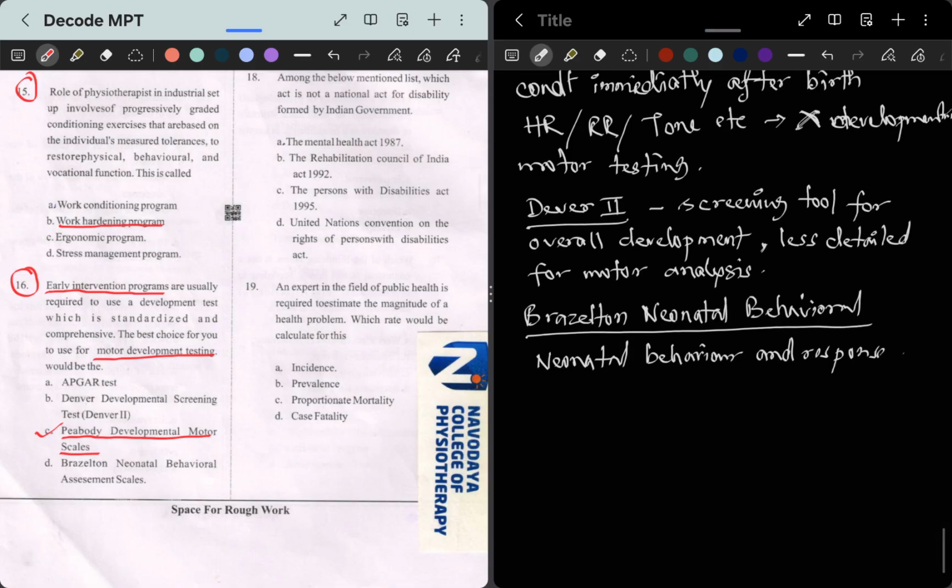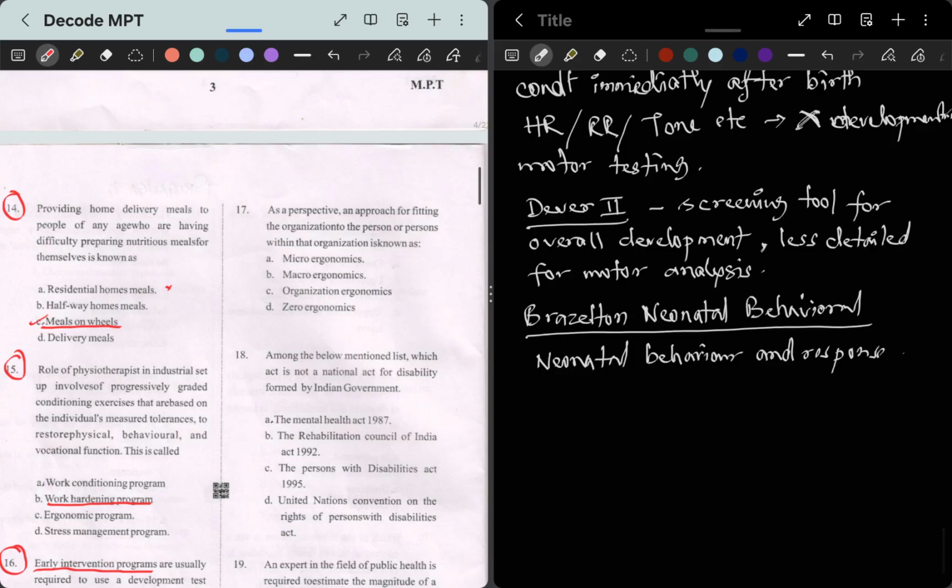Okay, so next we'll go to question number 17. A perspective and approach for fitting the organization to the person or persons within that organization is known as. You have to study thoroughly.